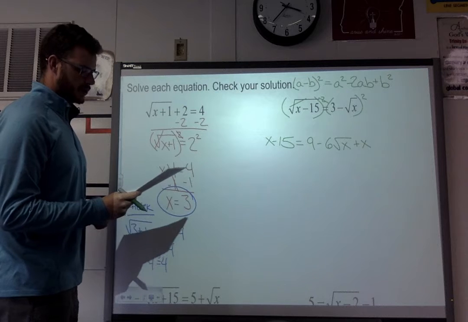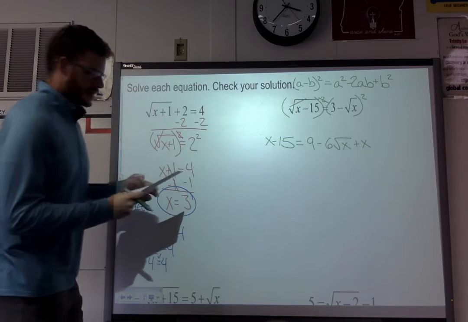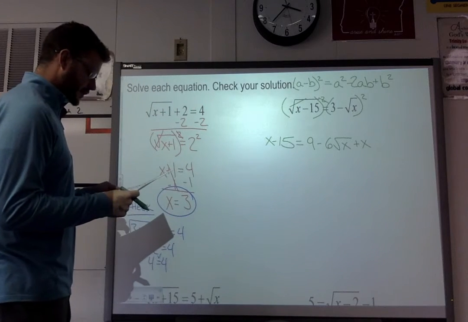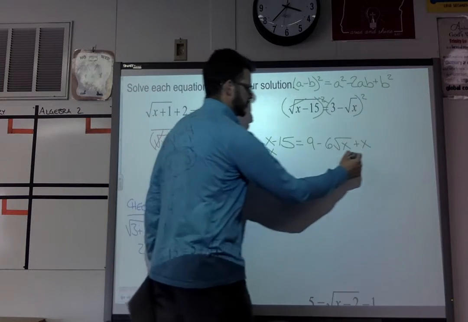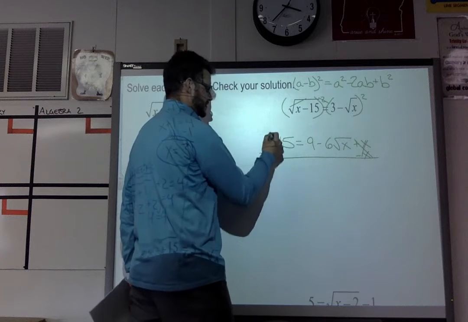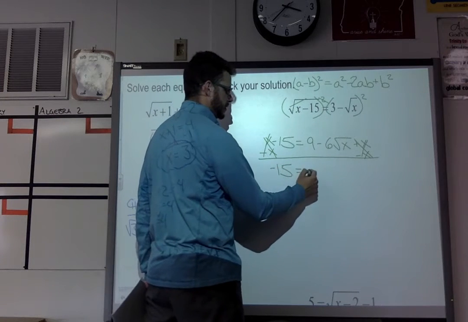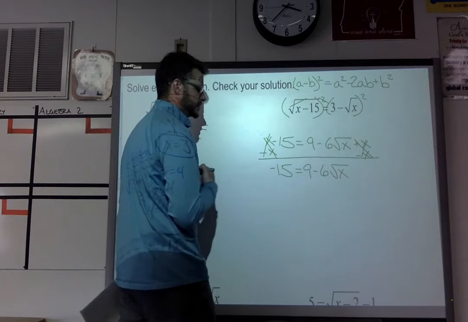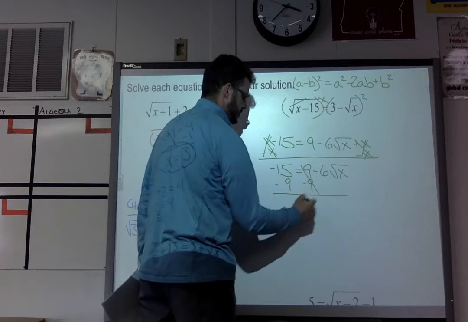So now we can go ahead and take our necessary steps to solve this. I'm going to subtract x from both sides. When I do that, my x's actually cancel on both sides. So I'm left with negative 15 equals 9 minus 6 root x. Now I'm going to subtract 9 from both sides.